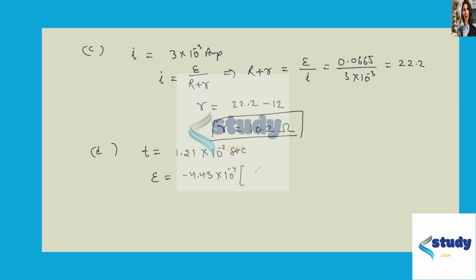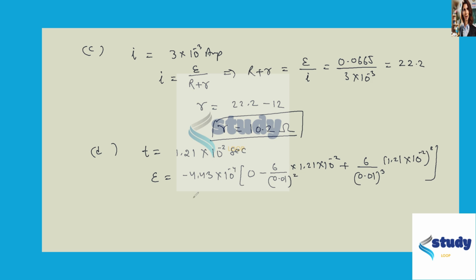Now the derivatives of the three terms: 0 for the first, and minus 6 by 0.01 to the whole square multiplied by 1.21 into 10 raised to the power minus 2, plus 6 by 0.01 to the cube, 1.21 multiplied by 10 raised to the power minus 2 to the whole square.